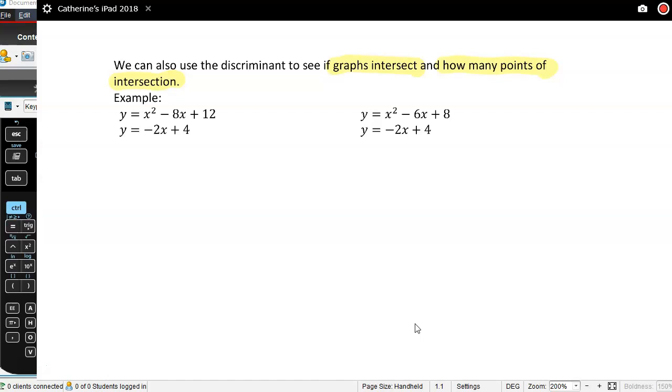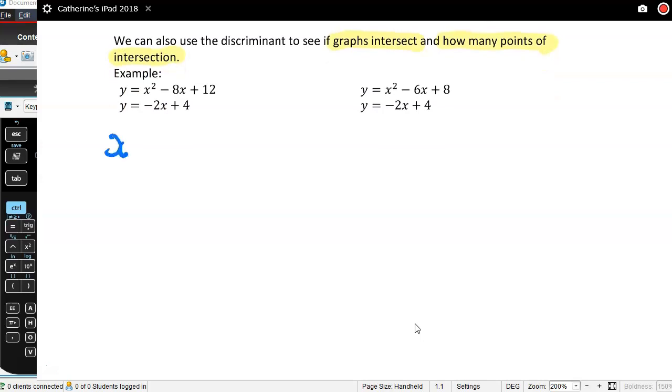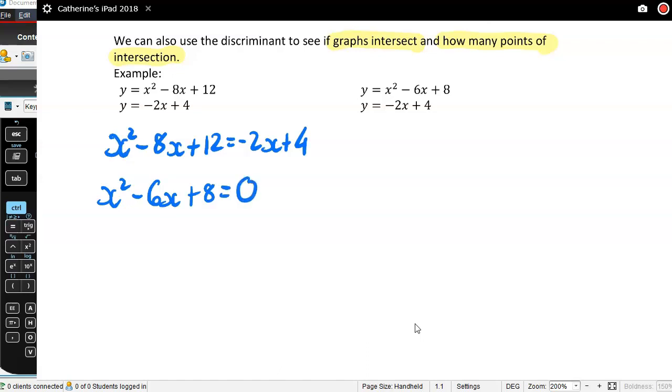So I can set them up equal to each other. So x squared minus 8x plus 12 equals negative 2x plus 4. Okay, so I'm going to add 2x to both sides. That makes negative 6x. I'll take 4 from both sides. So that's plus 8 equals to 0.